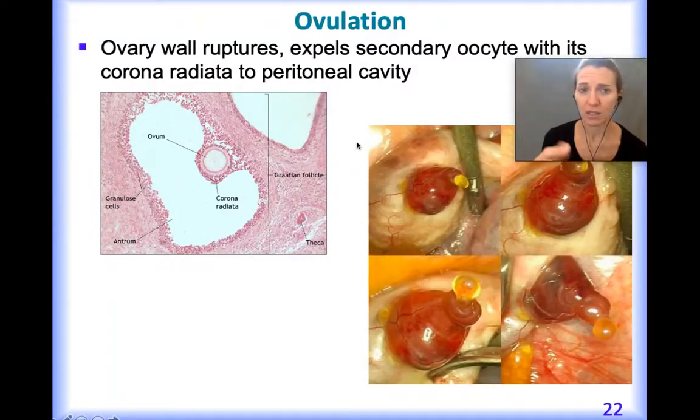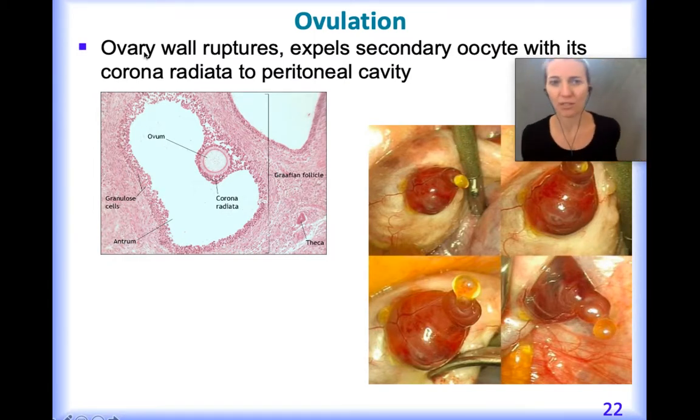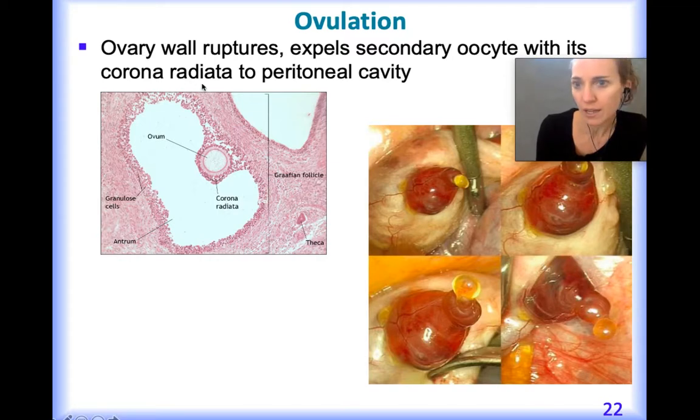With ovulation, the ovarian wall ruptures and expels the secondary oocyte with the corona radiata intact. The corona radiata is literally a radiating crown of cells that surrounds the ovum. Okay, so the Graafian follicle is all of this.